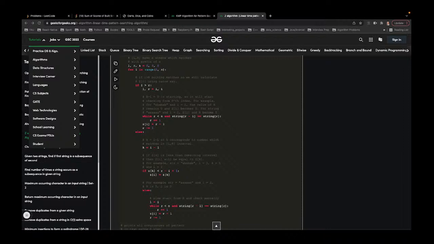If ZK is smaller than R minus I plus 1, that is the remaining length. So 1, 2, 3, 4, 5; 5 minus 3 is 2, plus 1 is 3. So from here onwards, inside L to R, we have 3 left.